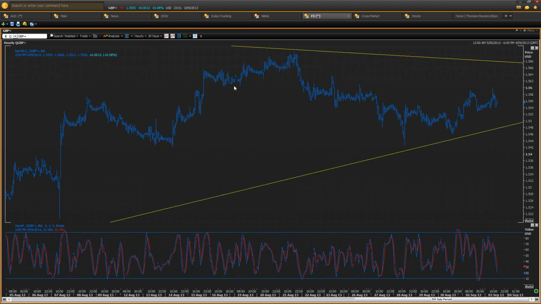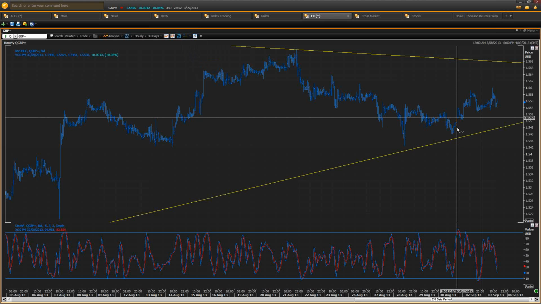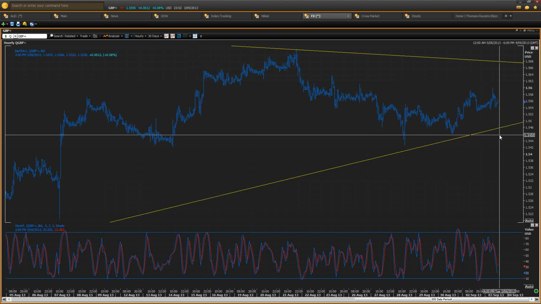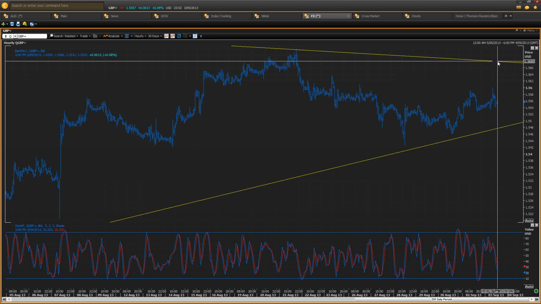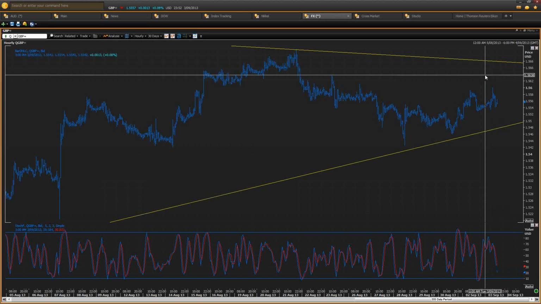The key levels on the downside are around 155.50 and 154.80, and 156.80 on the top side. So once again, sterling's right in the middle of nowhere. It's not quite prime for a great trade opportunity, but it's not far off it.